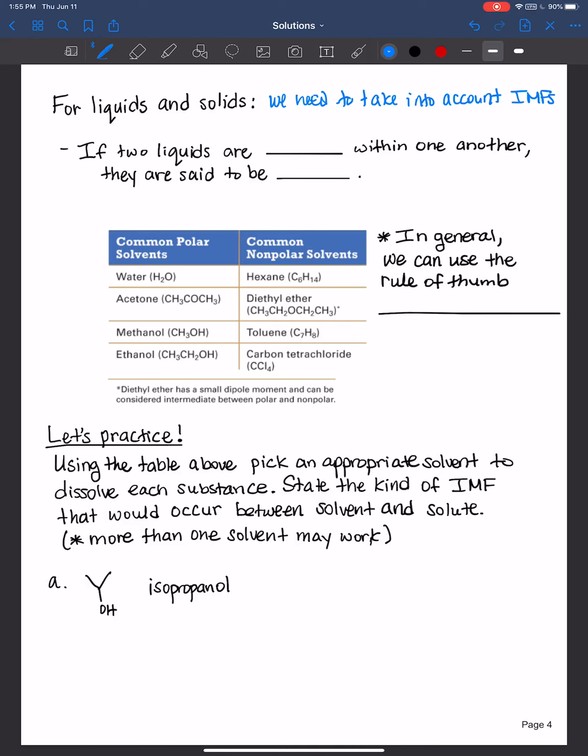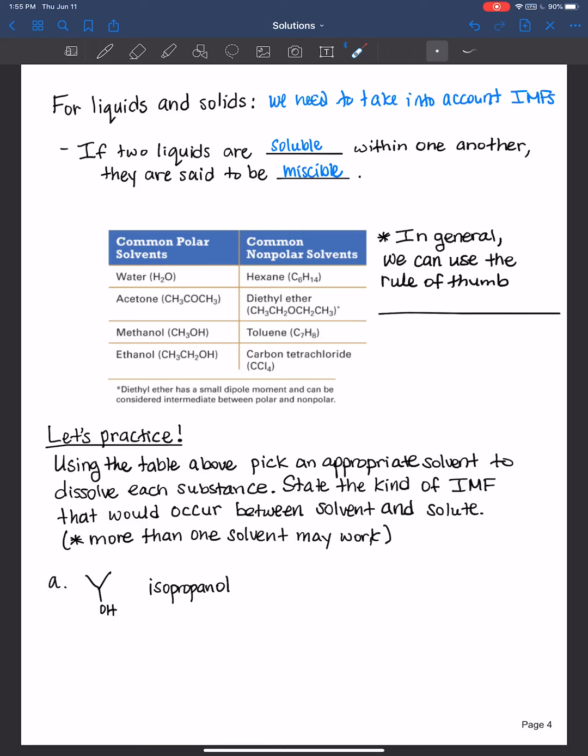If two liquids are soluble within one another, they're said to be miscible. And I mentioned this in a previous lecture video before, but I just want to say it again. If you hear the word miscible, that's usually referring to two liquids mixing with one another.